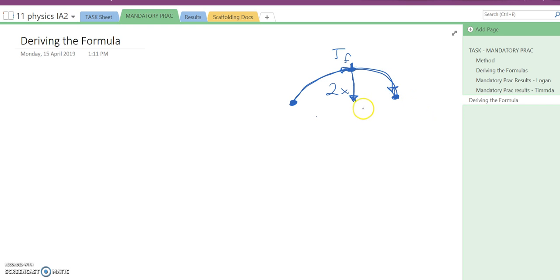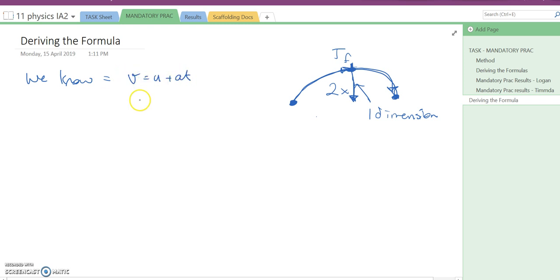So that's interesting, because we have a whole lot of one-dimension formulas that we've been using. So we've got a couple of things. We know that if we drop a ball, V equals U plus AT.